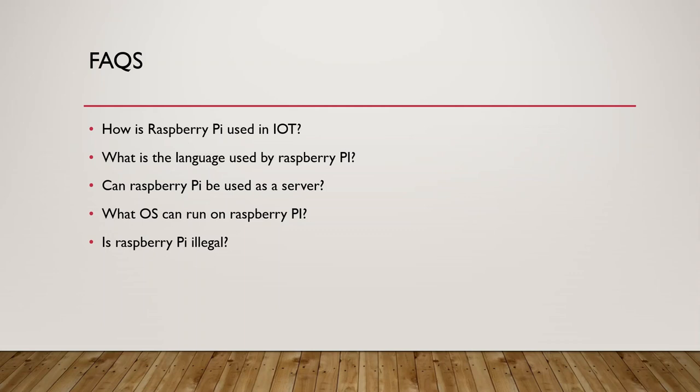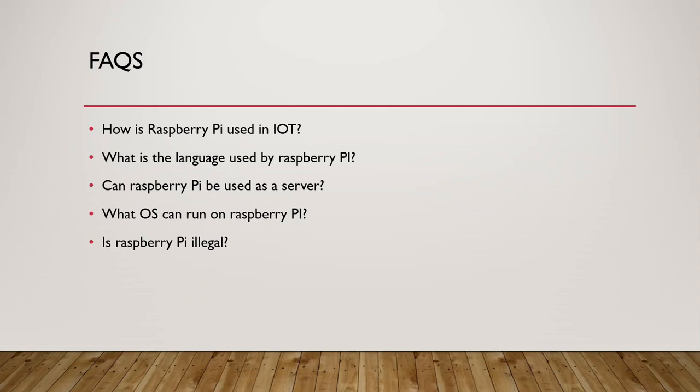What is the language used by Raspberry Pi? So Python is the official language that comes preloaded in the Raspberry Pi. Can Raspberry Pi be used as a server? Yes, it can be used as a server just like any other computer.